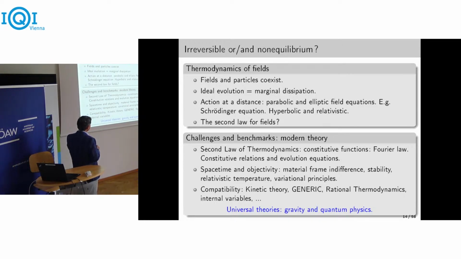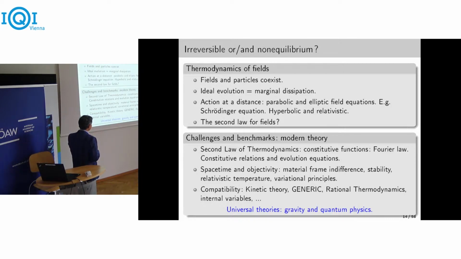What is important is that the second law of thermodynamics is represented by constitutive functions, like the Fourier law of heat conduction, if you can recall it, or the viscosity relations, or the equations of state. And the space-time and objectivity question has also long been treated and appears with the concept of material frame indifference.